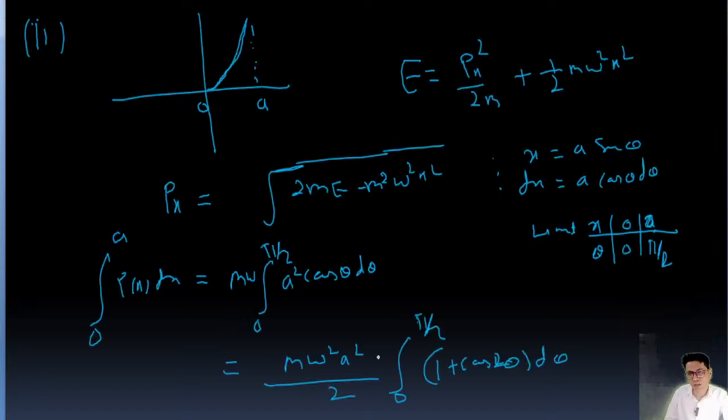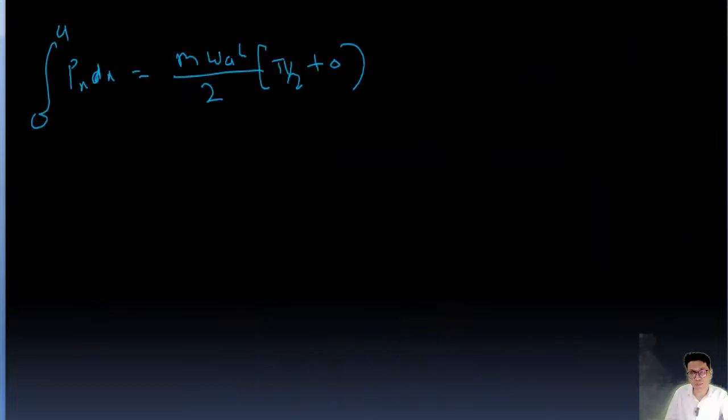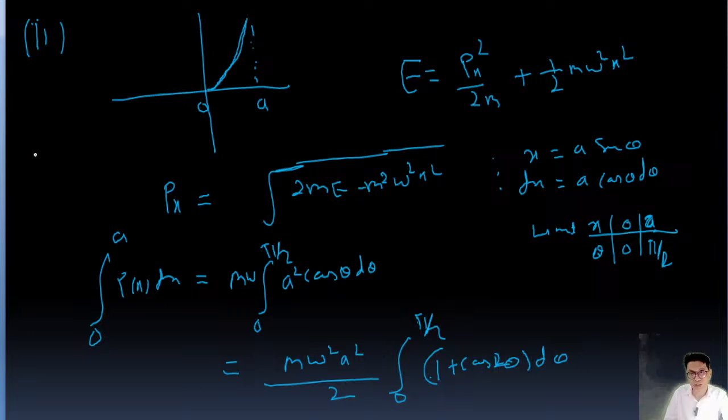This value is pi by 2, and this is 0, since sin pi equal to 0. So this value is m omega pi by 4 times a square, that is 2E upon 4 h cut.